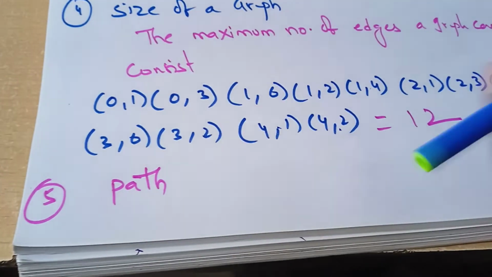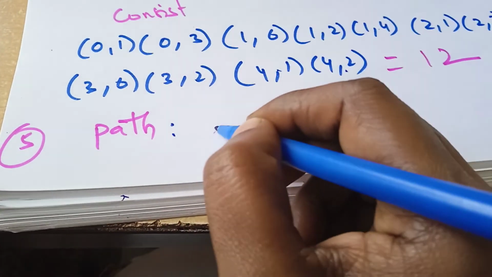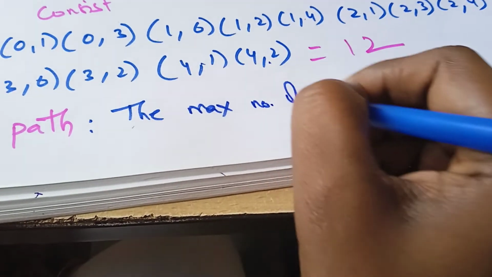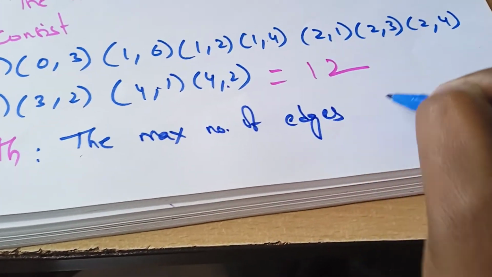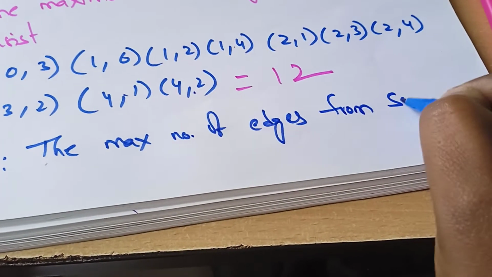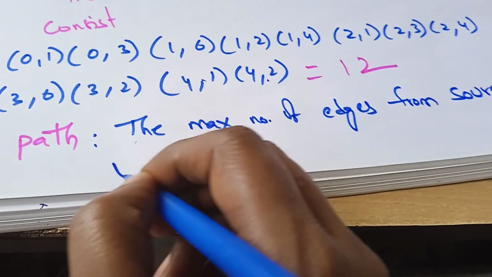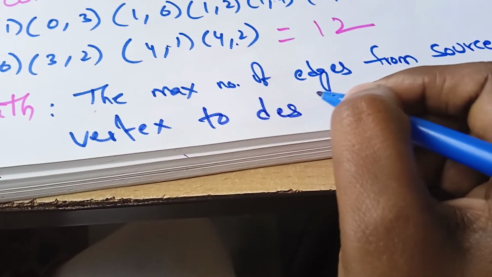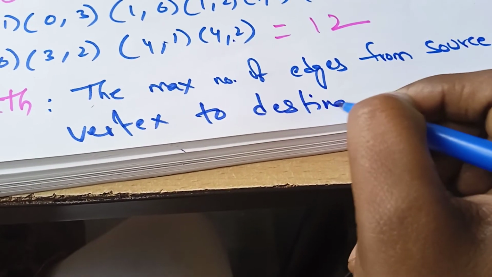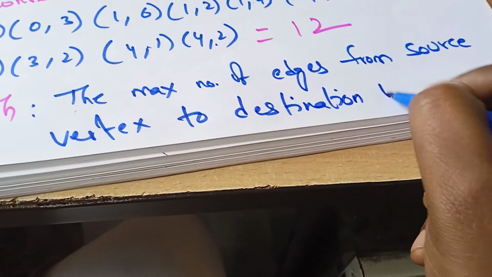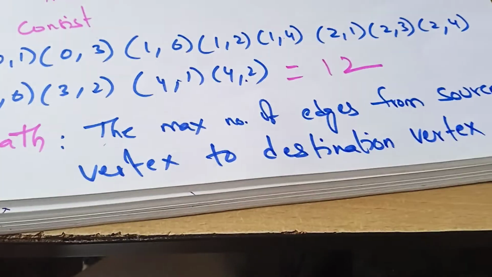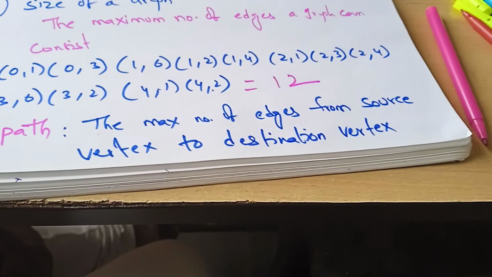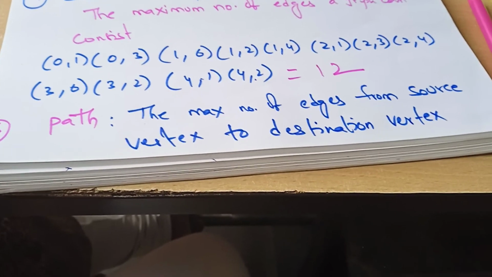The path is the maximum number of edges from source vertex to destination vertex. What is path? The maximum number of edges from source vertex to destination vertex.